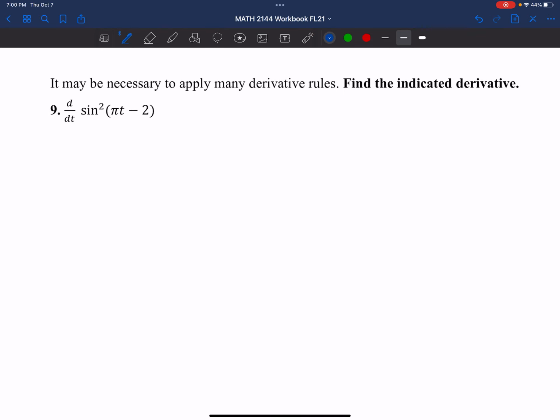So we have 3 functions involved right here. So I'm going to color code these as I rewrite the problem. So the derivative with respect to t, and I'm going to color code these. So the square is the outermost function. So there's going to be the squaring function.